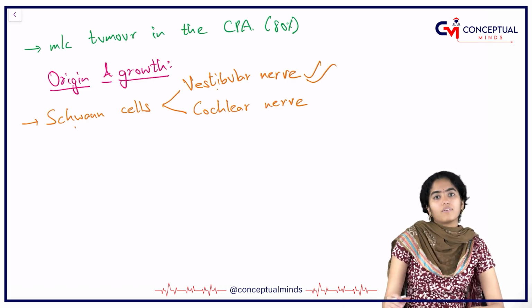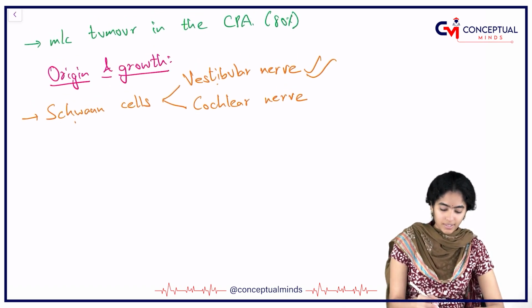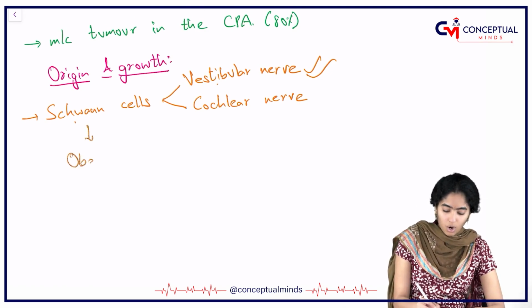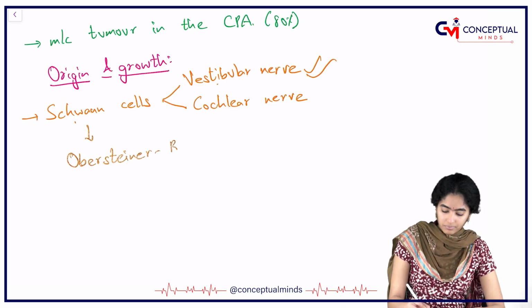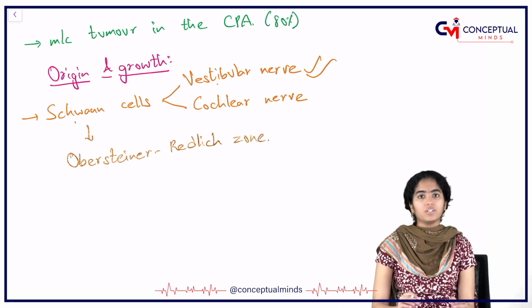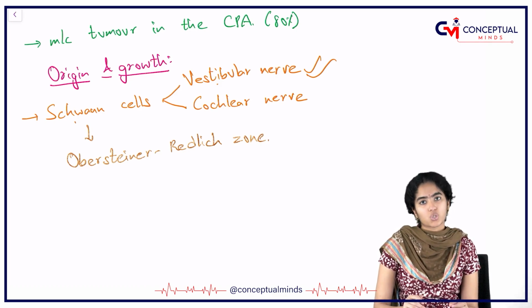Is this clear? From the Schwann cells also, to be more specific, it arises from a zone called as Obersteiner-Redlich zone. In the process of myelination, we have various zones, and this tumor arises from Obersteiner-Redlich zone.